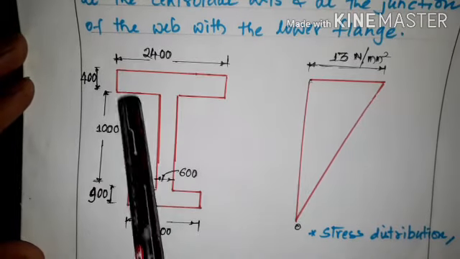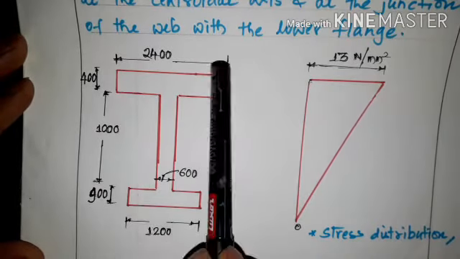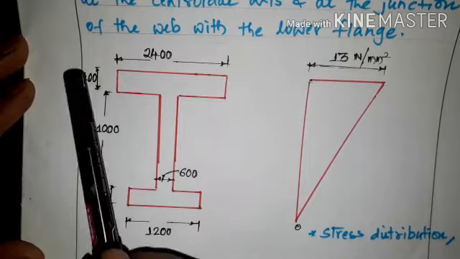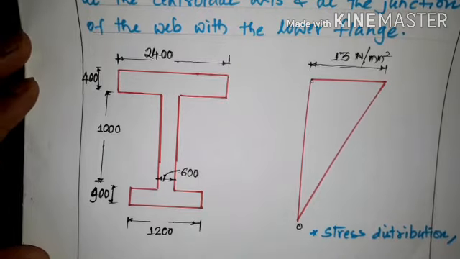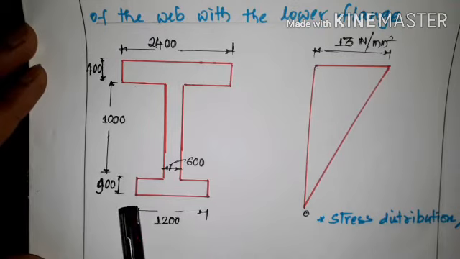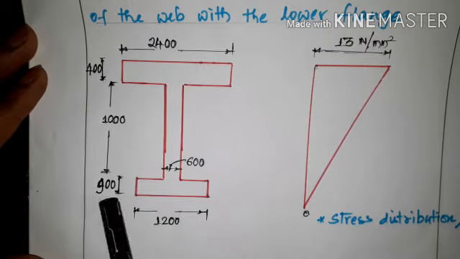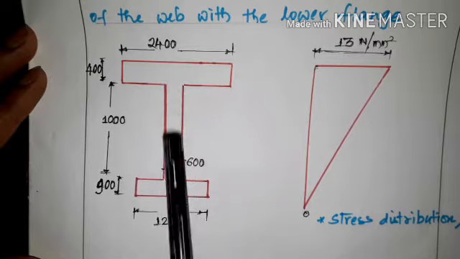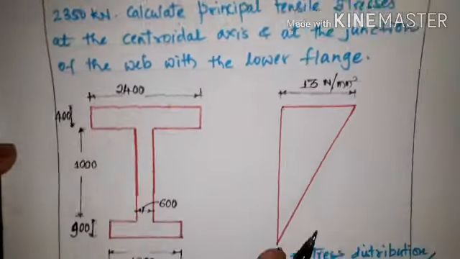In the top flange, you can see the width of the flange is 2400 and the thickness of the flange is 400 mm. The bottom flange width is 1200 mm and the depth is 900 mm, and this part is the web.